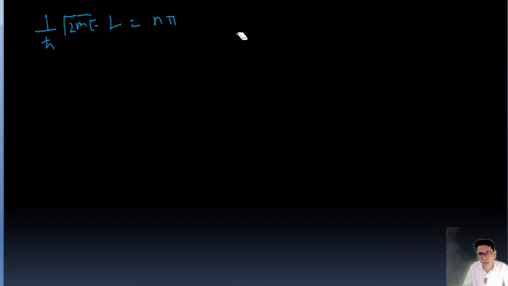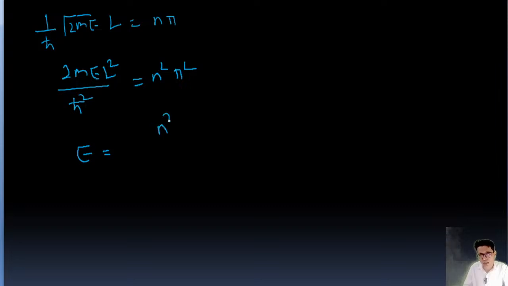We'll square both sides, so this is going to be 2me upon h cut square, and this is L square, guys, is going to be n square pi square.